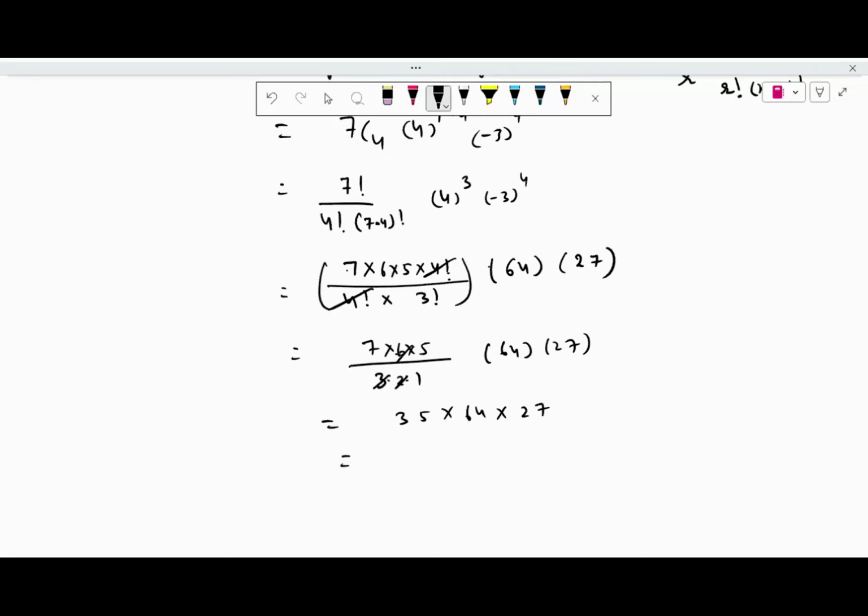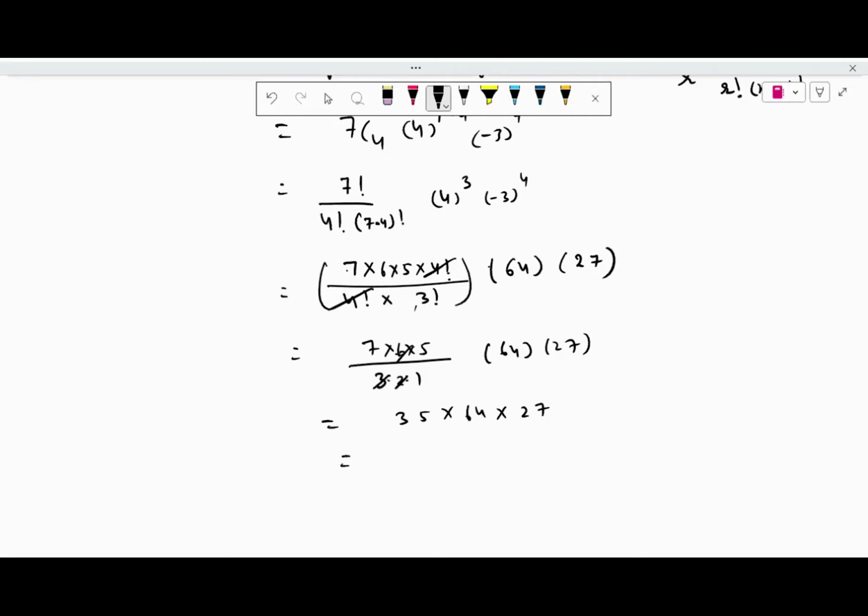Factorial 7 over factorial 4 into factorial 3. But isn't the 4 cancelled out? 4 factorial is cancelled out. It's not 4, it's 4 factorial. Because 7 factorial is 7 into 6 into 5 into 4 into 3 into 2 into 1.